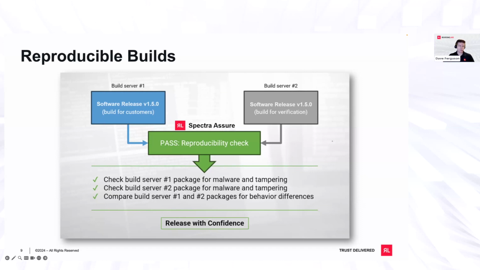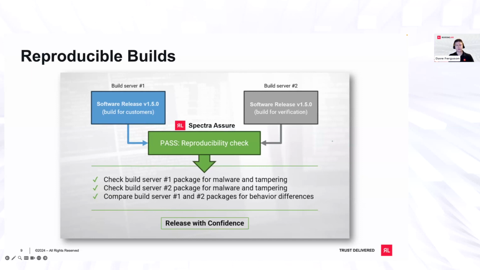So the idea is that you have two separate but identical build systems. Here we see build system 1 in blue and build system 2 in gray. Each of those build environments is pulling in the same source code and the same open source libraries, and building in the exact same way, but they're separate and isolated in terms of network.